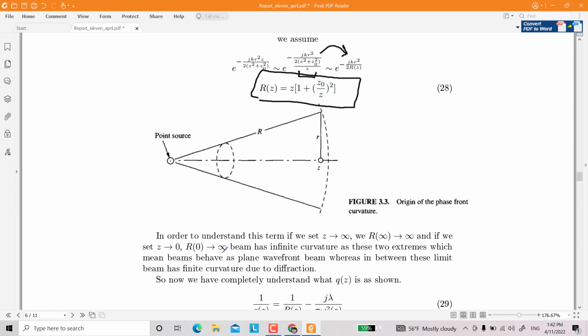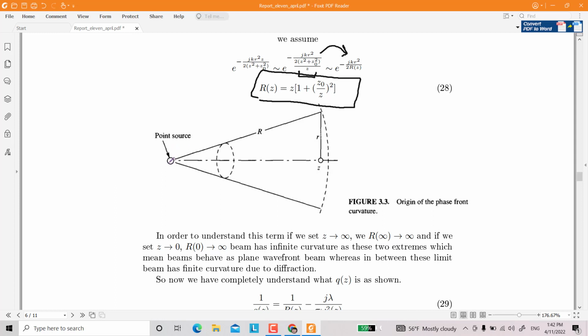Means as the beam evolves, the beam will start from the beam waist with the plane wavefront, and as it moves along the z-axis, due to this propagation, these plane wavefronts will start curving. So due to this curvature, an additional phase will come, right?